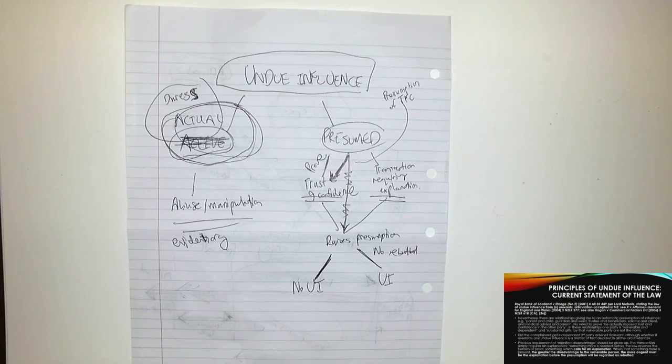So what this means is that the transaction must be strange enough, right? The transaction must be weird or out of the ordinary enough to make you think, do you know what? Why are they taking on this much burden?